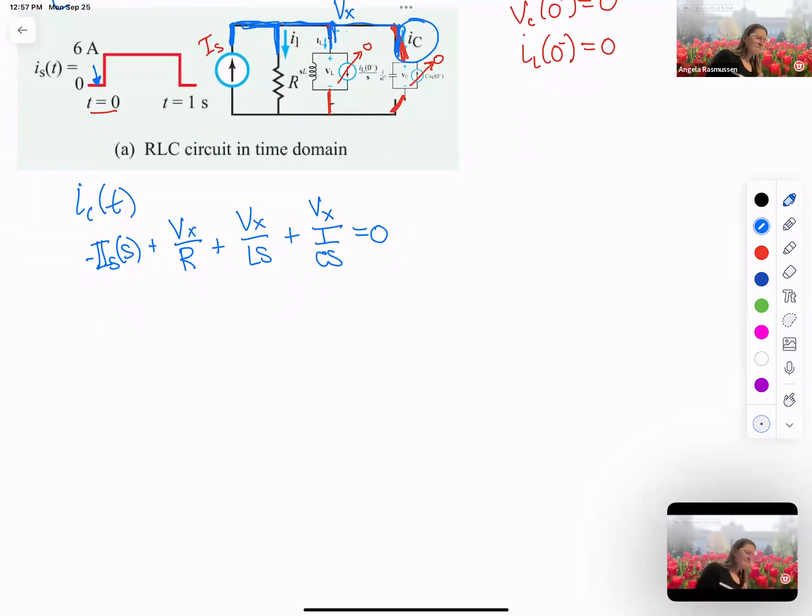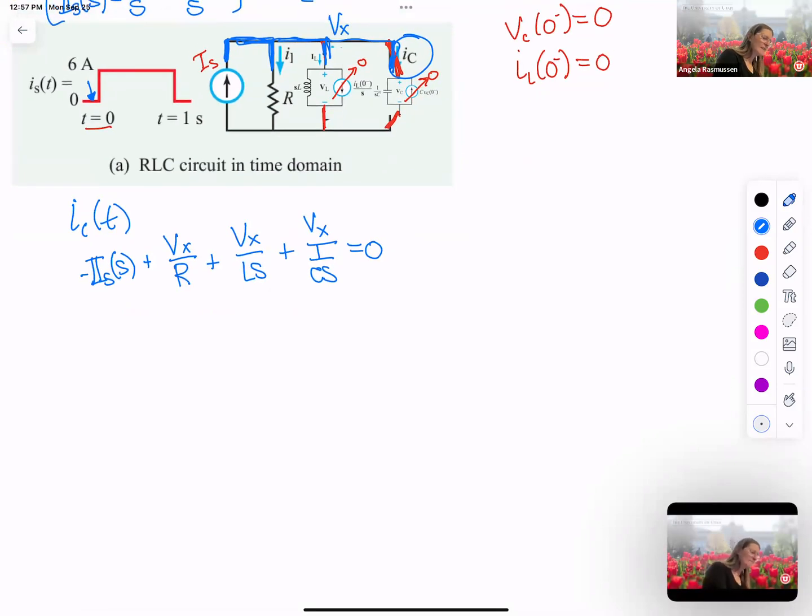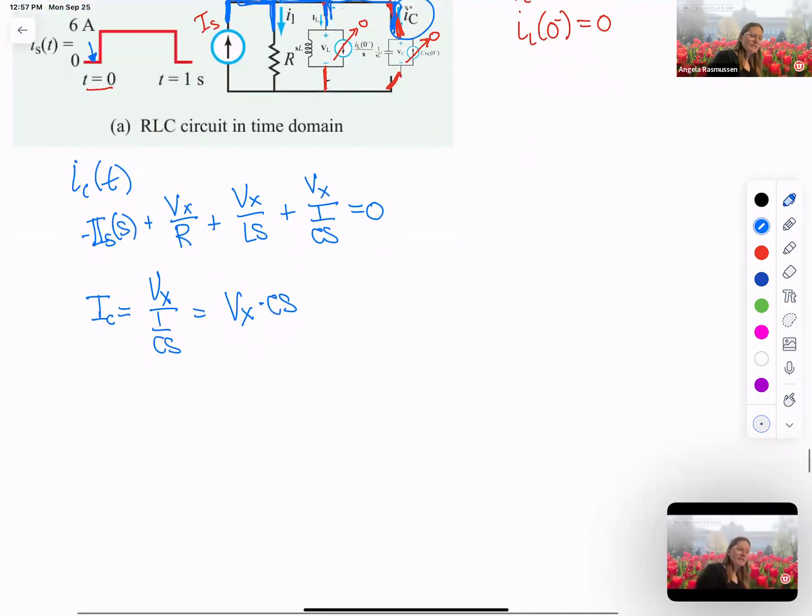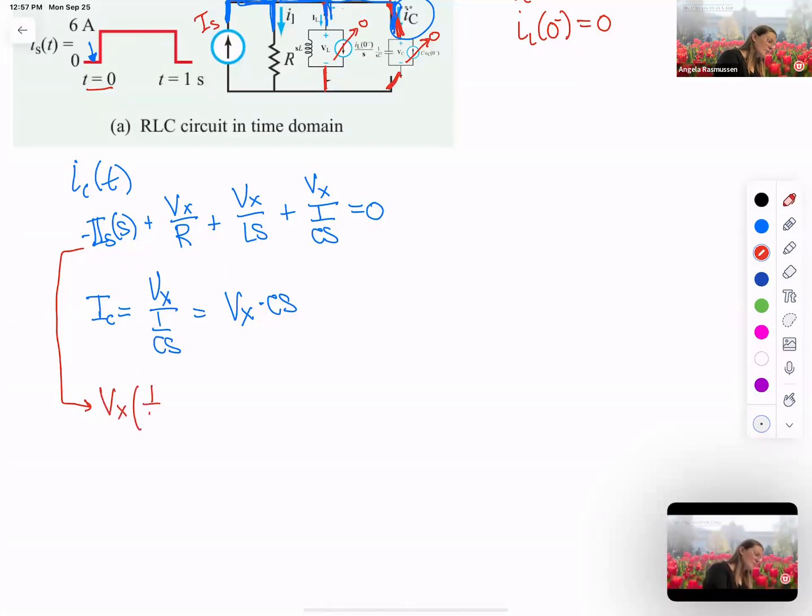All right, so IC is going to be Vx over 1 over CS, which I could write as Vx times CS. So once I find Vx, I can find my IC. Combining all the like terms, 1 over R, 1 over LS, and I can write this as either CS or 1 over CS.